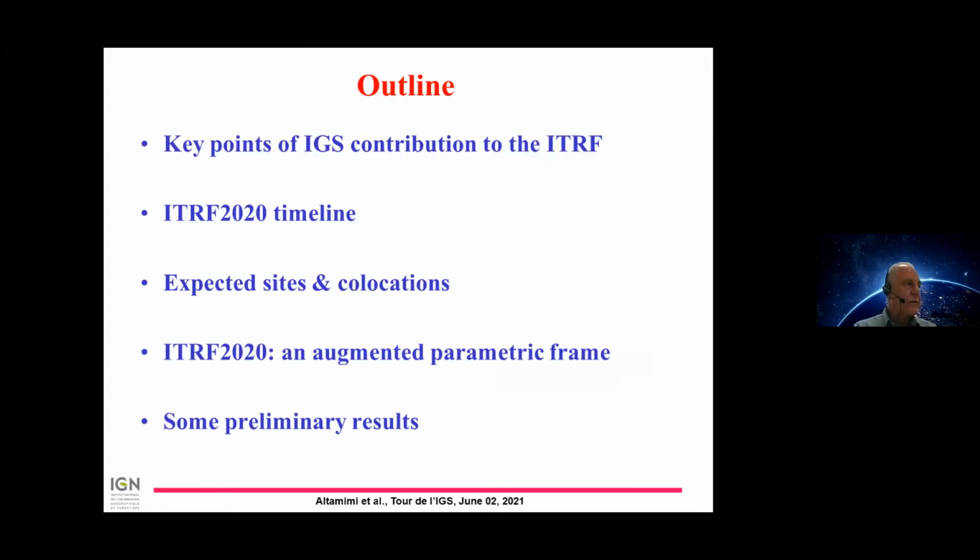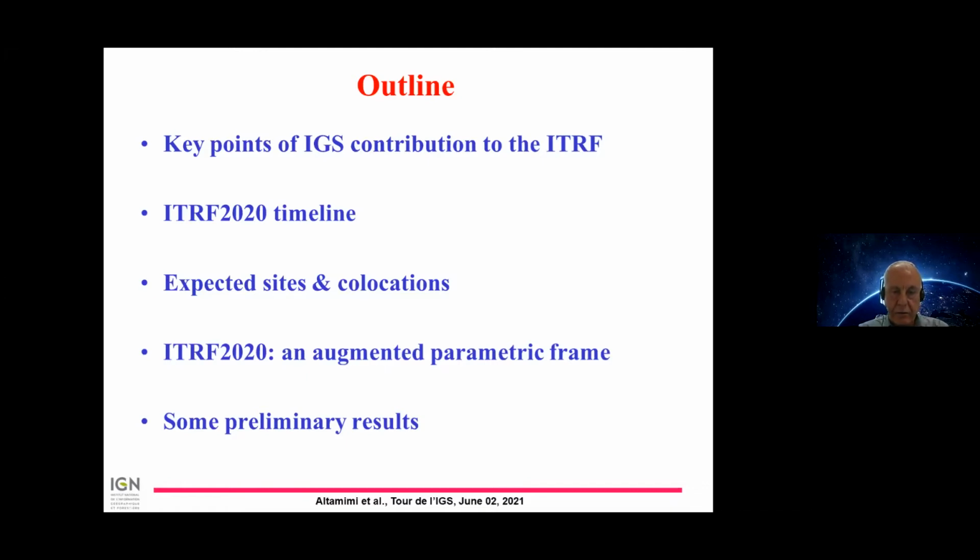And this is the outline of my presentation. I will just recall the key points of the IGS contribution to the ITRF in general. Then I will show you the timeline for the ITRF 2020 in order for you to guess when the ITRF 2020 will be published. And we'll show you the expected sites and also the number of collocations, just a map of that, and how the IGS contributes to that aspect of the ITRF.